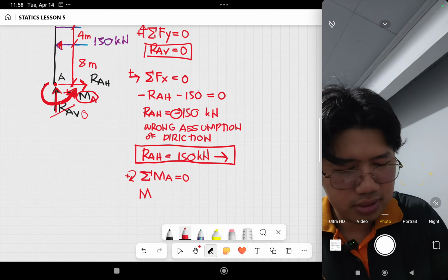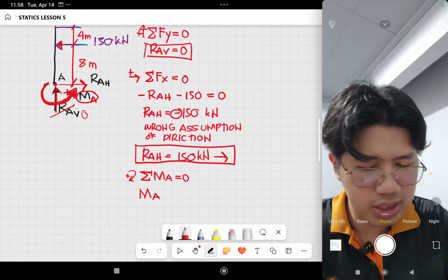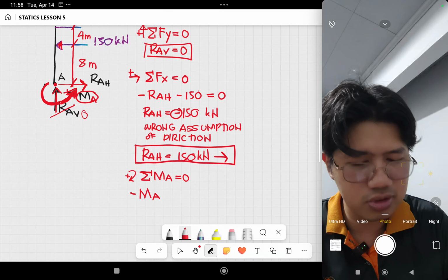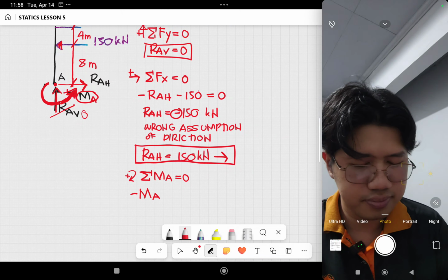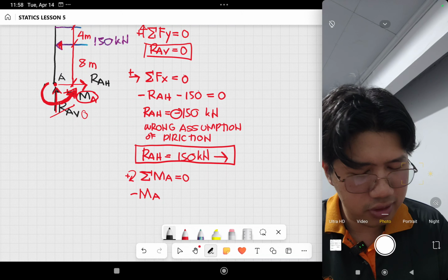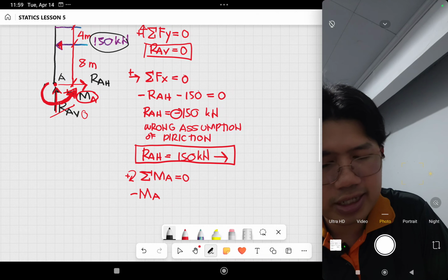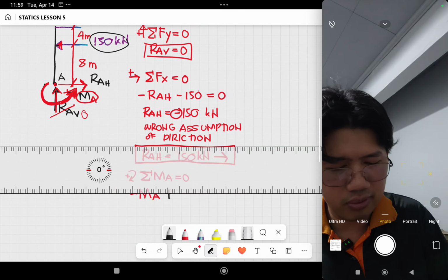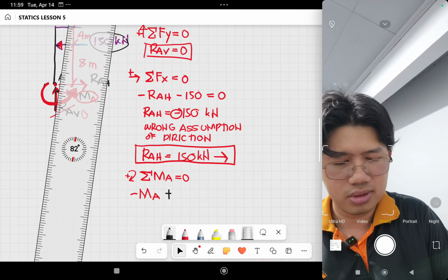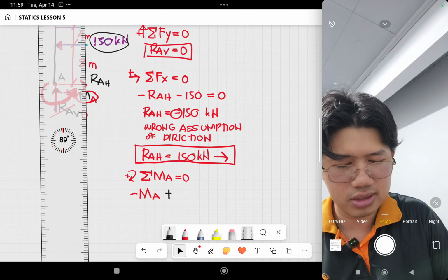So, itong MA, tawagin ko na lang siyang MA, is already there. It is acting counterclockwise. In-assume ko siyang counterclockwise. So, that is negative. And then, ano po yung magkakaroon ng moment? 150. 150 magkakaroon ng moment kasi hindi naman siya directly applied at point A. So, that will produce a moment. Kung ito yung ating member, so, 90 degrees.